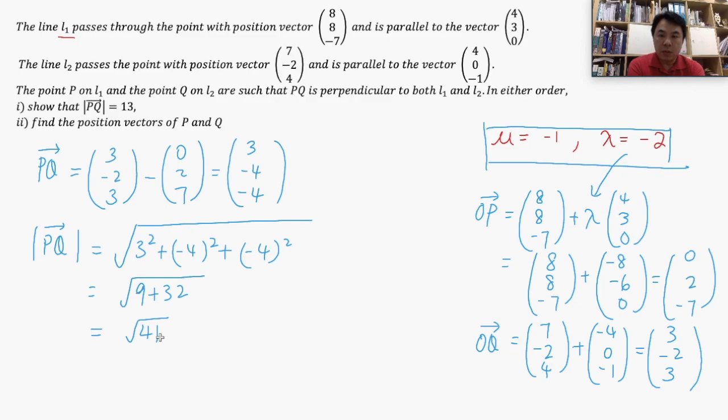So -4. Did I get anything wrong? (3, -2, 3). Did I get that right? There's 3, there's a 0, there's a 2, there is a -7.